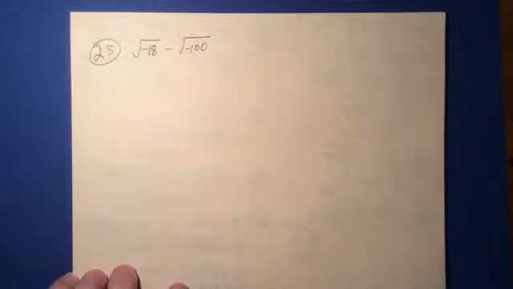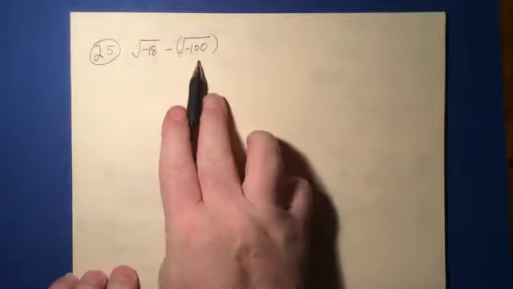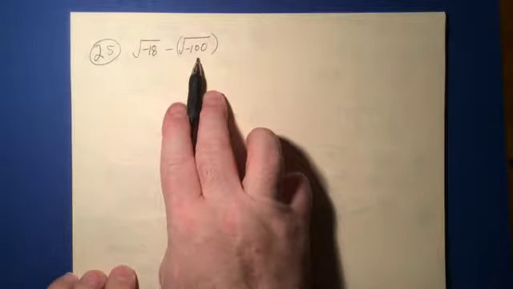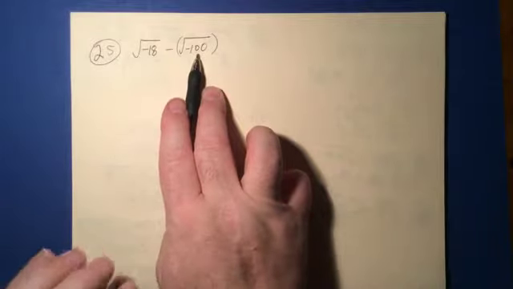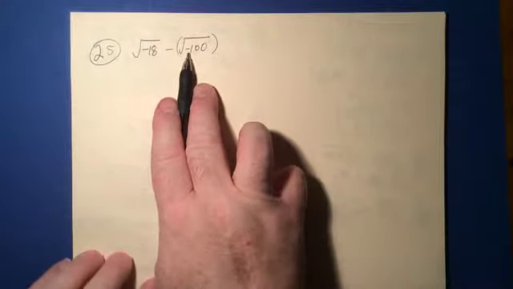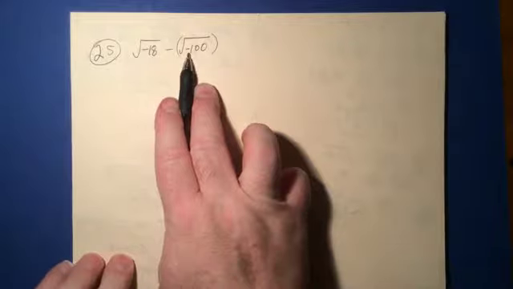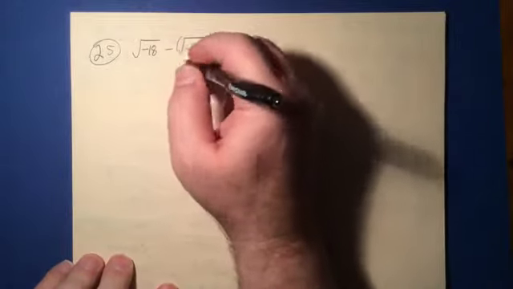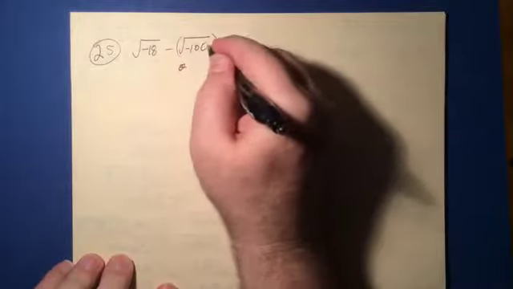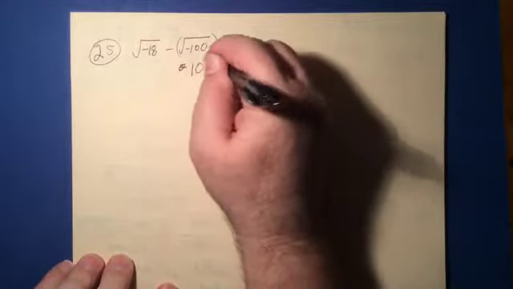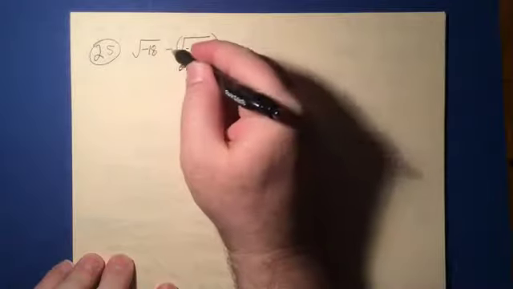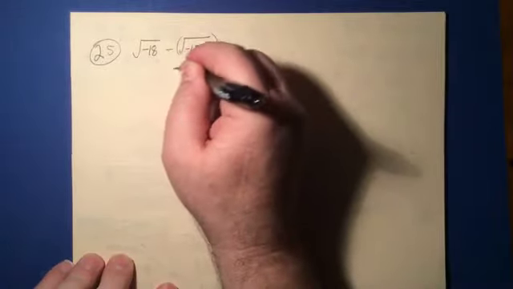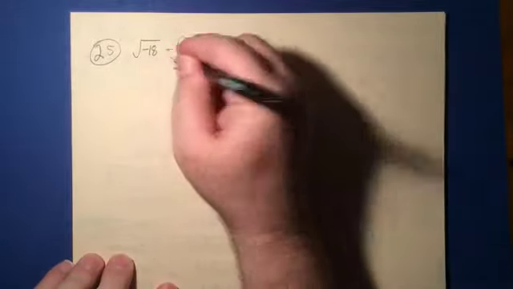Now, just looking at this, you may realize that the square root of 100 is 10. But because this is negative 100, the square root of negative 100 is going to be 10i. Now we do have a negative here, which we'll go ahead and put inside there, but that negative is going to come from here.